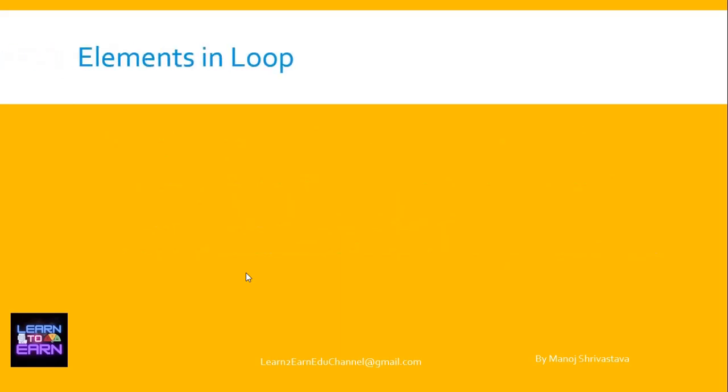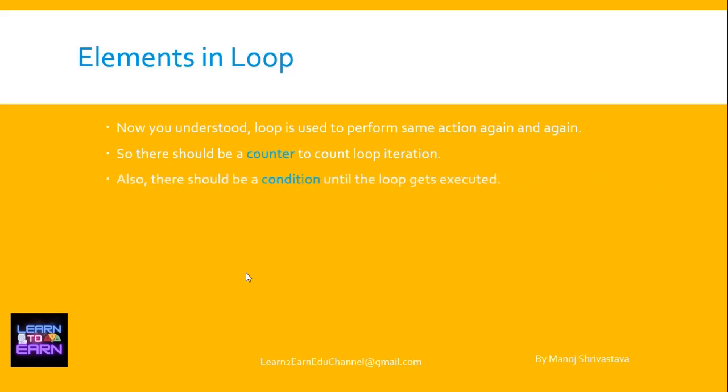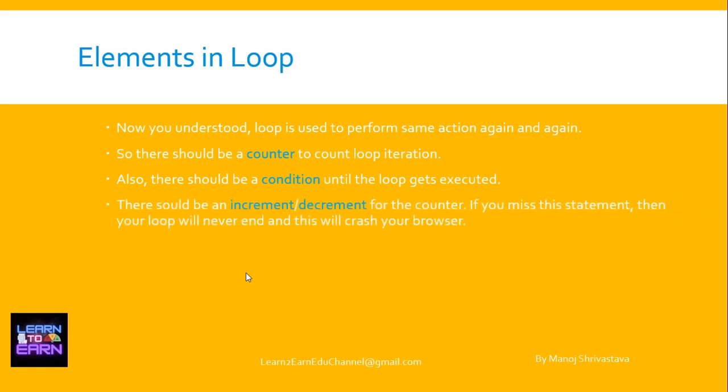So what are the elements in a loop? Now you understood a loop is used to perform the same action again and again. So there should be a counter to count the loop iteration, and there should be a condition until which the loop gets executed. Apart from that, there should be an increment or decrement for this counter.